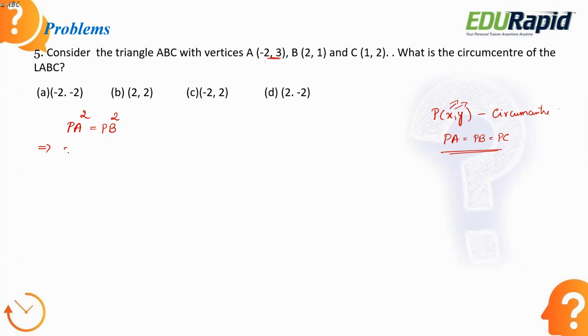So I can write it as x minus 2, minus of minus becomes plus, whole square plus y minus 3 whole square, and that is equal to x minus, I'm going with B now, x minus 2 whole square plus y minus 1 whole square.